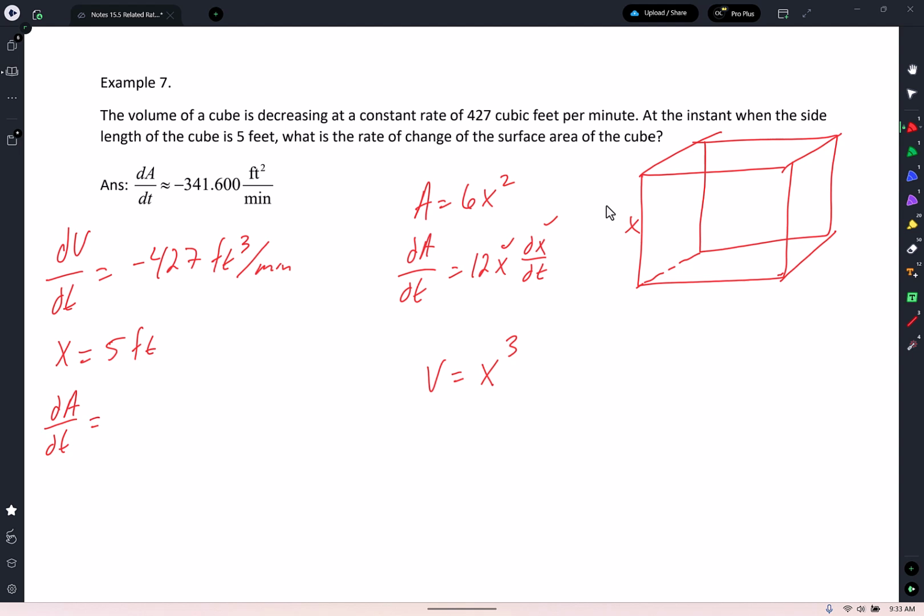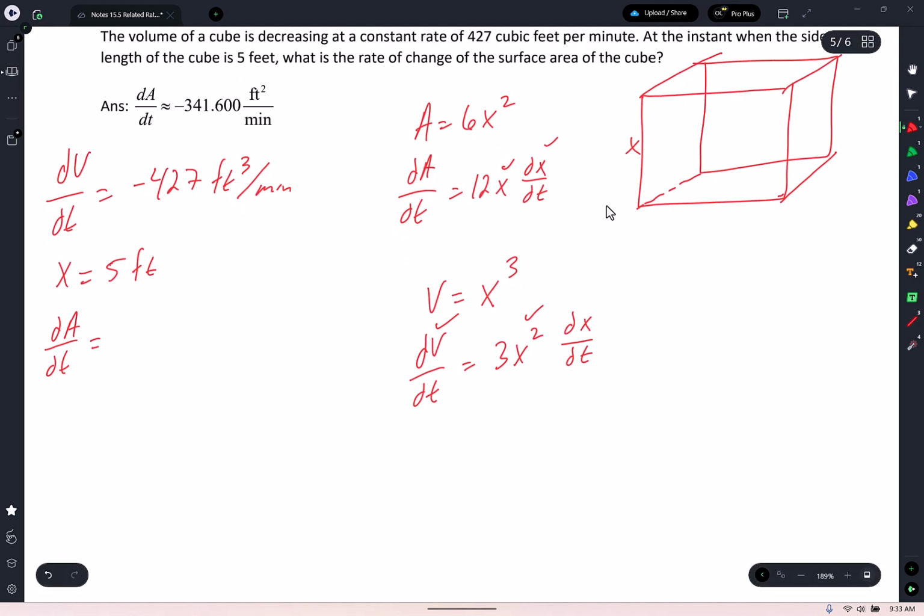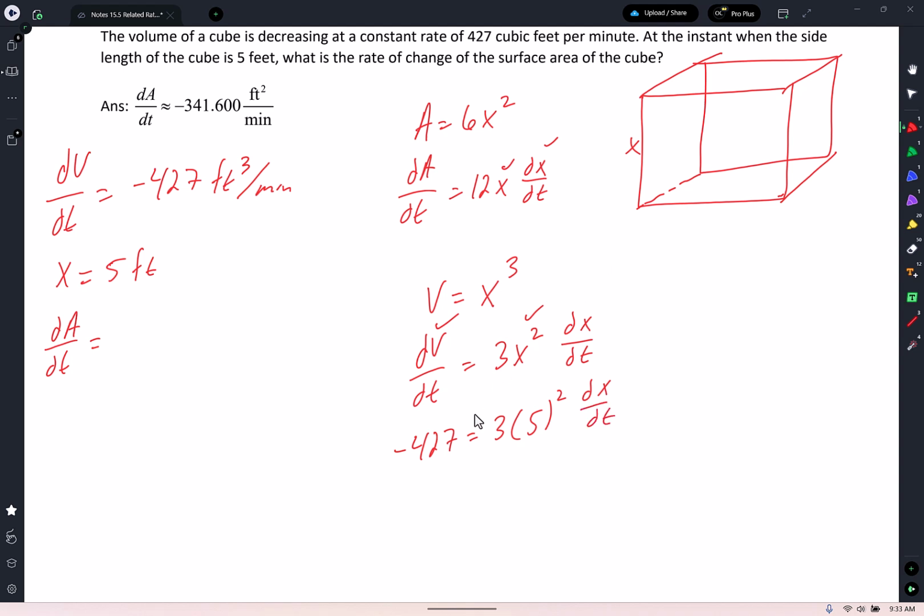Have I lost anyone, guys? dV/dt is equal to 3x squared dx/dt. I have dV/dt and I have x. So there's how you're going to get your dx/dt. So I'm going to go negative 427 equals 3 times 5 squared dx/dt. 5 squared is 25. 25 times 3 is 75.